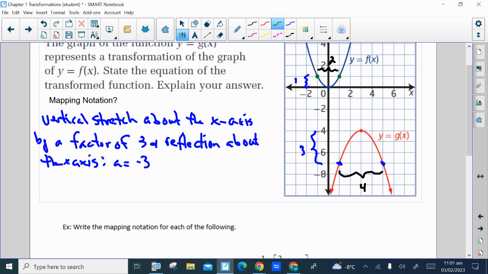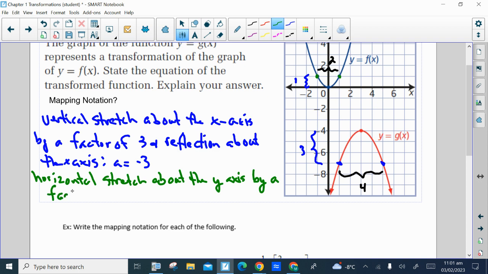Then we said that the graph was stretched horizontally. So a horizontal stretch about the y-axis by a factor of 2, which means, remember, that our b value is a half.